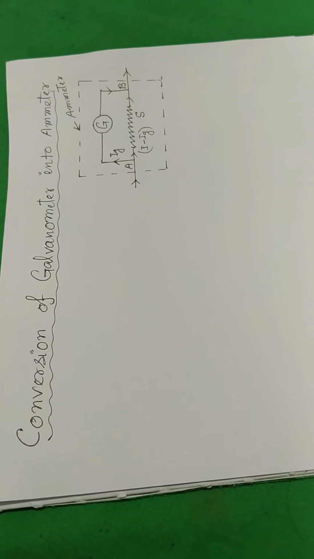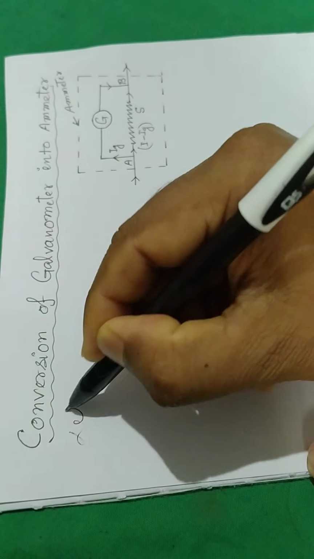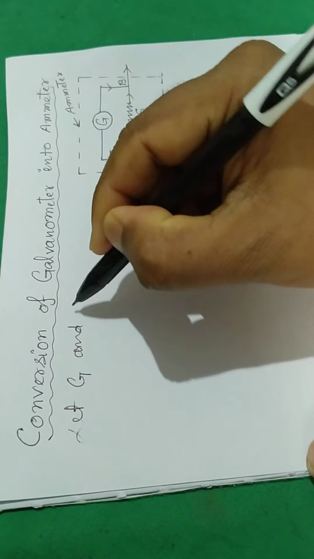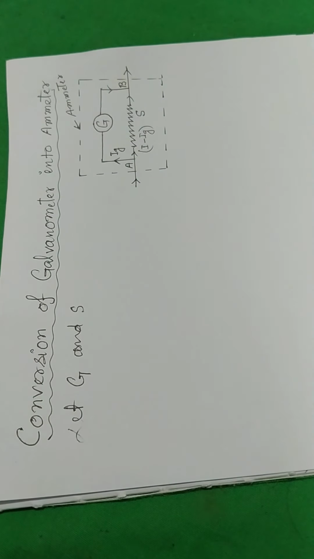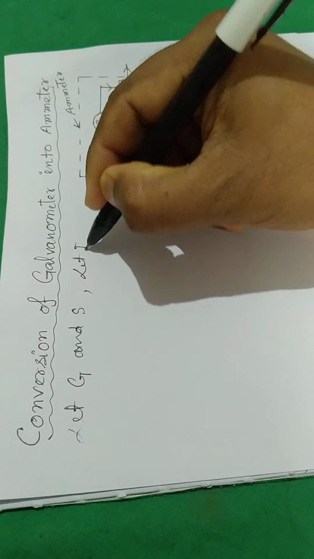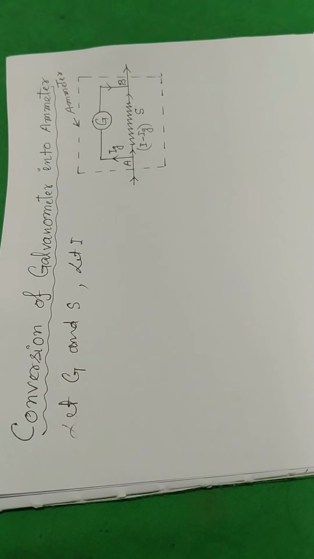Let G and S be the resistance of a galvanometer and shunt respectively. Let I be the current to be measured by an ammeter in the circuit.